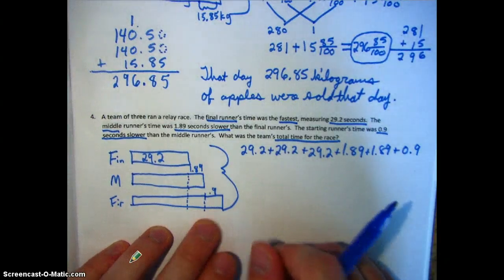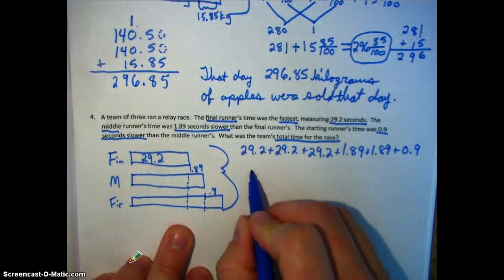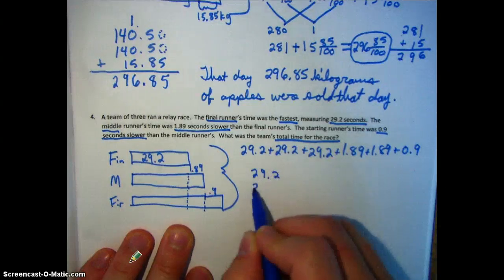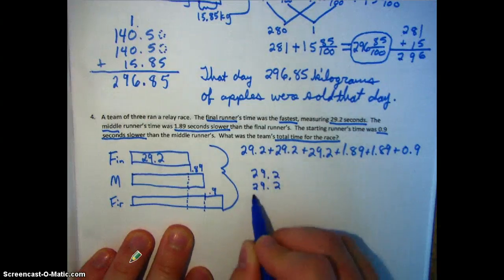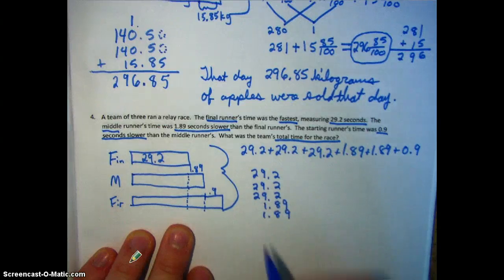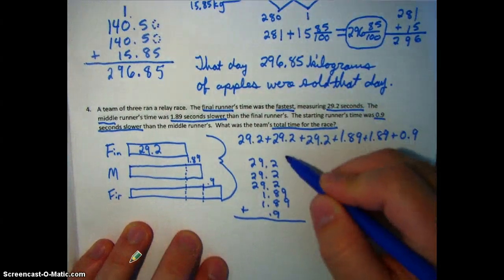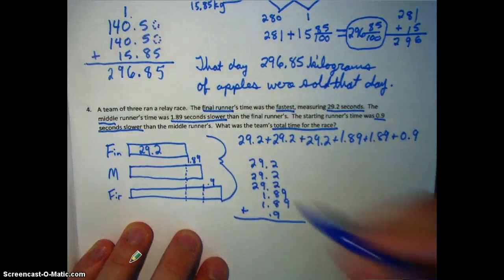Okay, so lots of adding to do with this one. So if we want to add these with decimals, we can actually line them all up by decimal, and it would look like this. Okay, a lot of numbers to add here. Okay, but keep those decimals in line and it should be pretty easy.